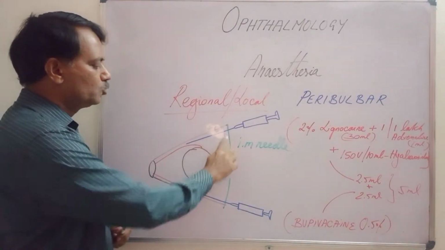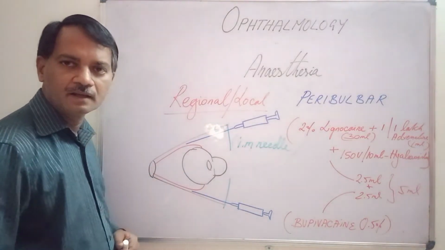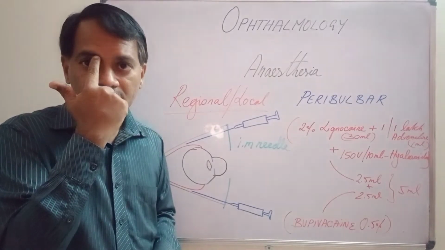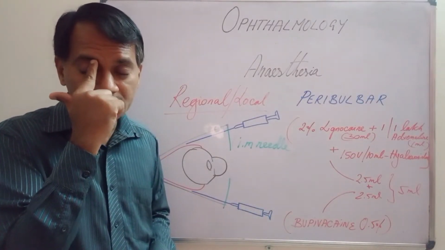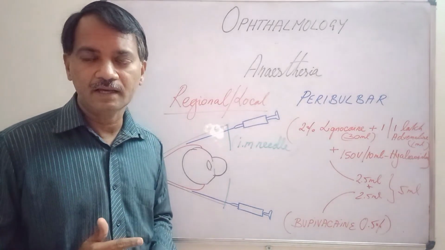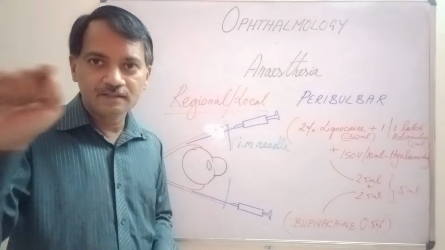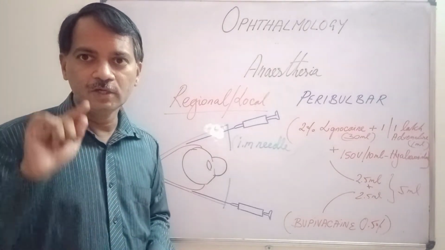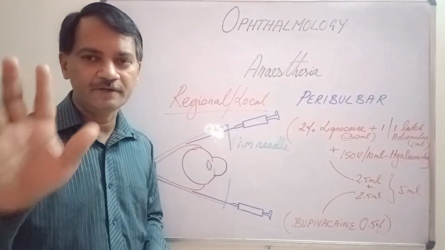It is given at two sides, one above, the other below. Above you give 2.5 ml. On the medial aspect of the superior orbital margin, there will be an orbital notch. In that portion we go along the roof of the orbit and inject 2.5 ml.